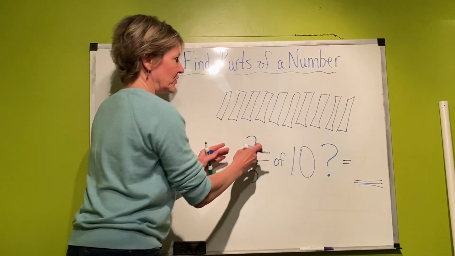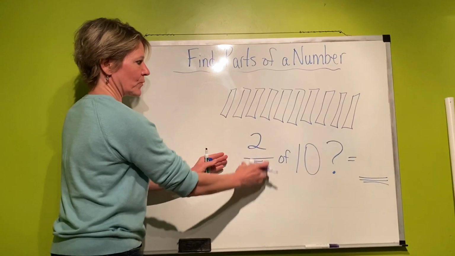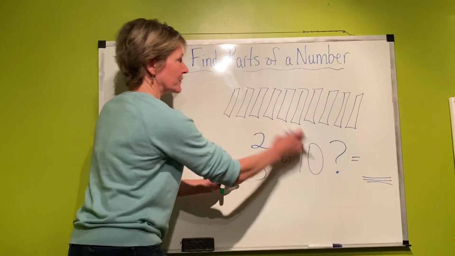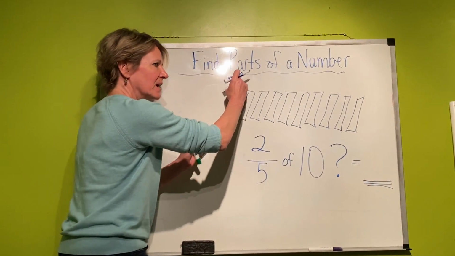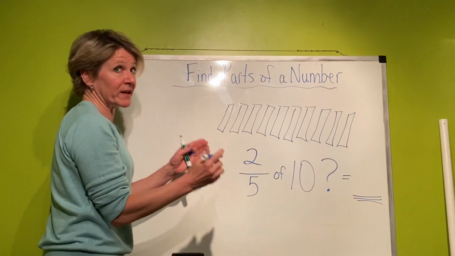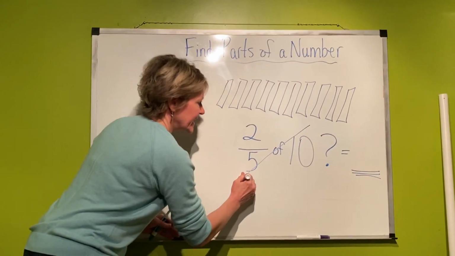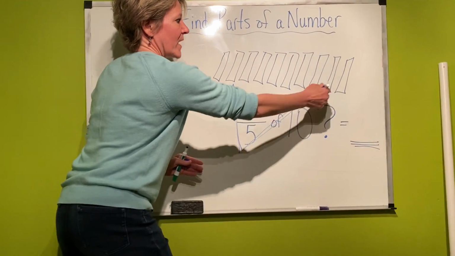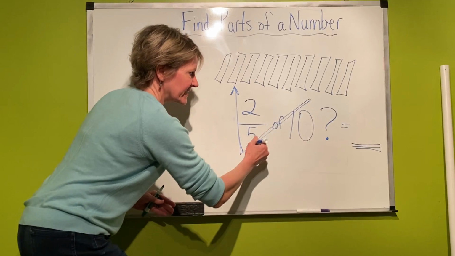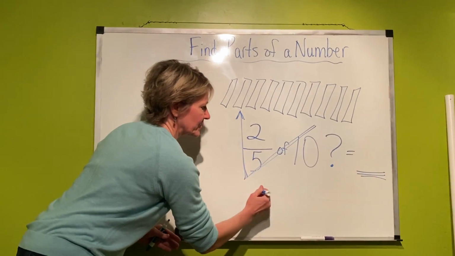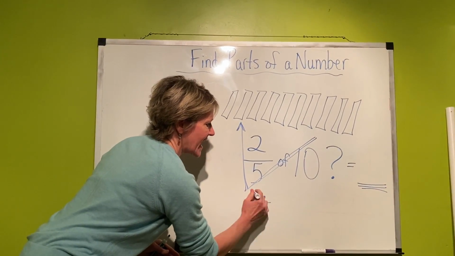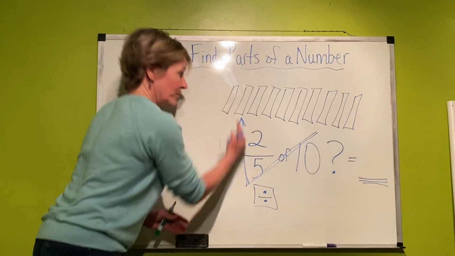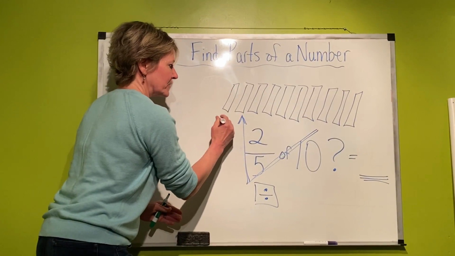So when you have a fraction or a part of a number, that's what we're doing today. We're finding a part of a number, just one easy trick. Zig, zag. When you diagonal down these two numbers, divide. And then when you go straight up, multiply.